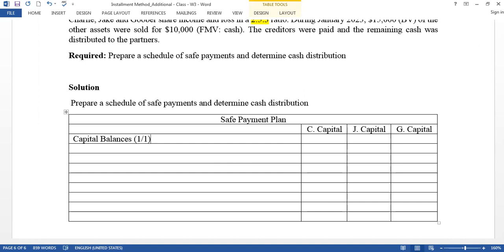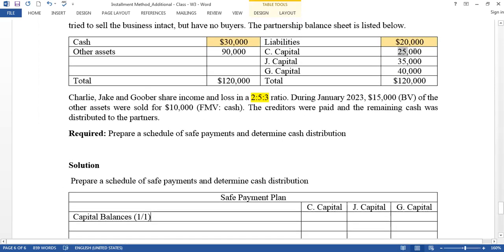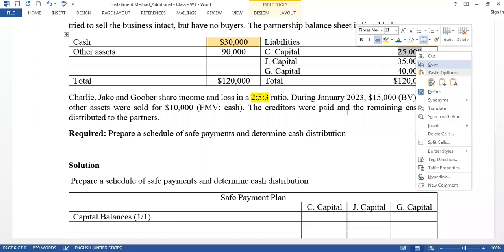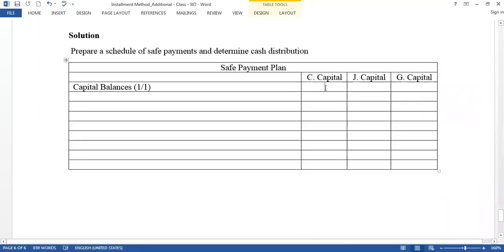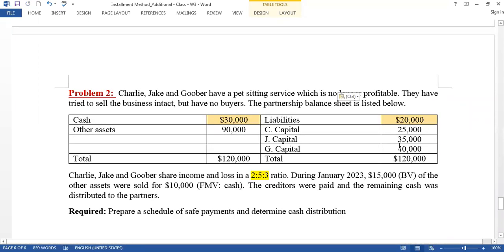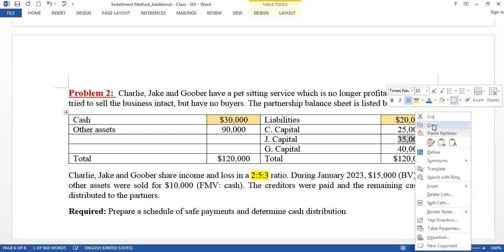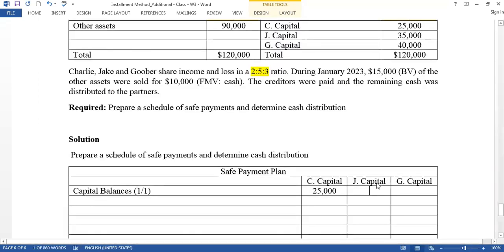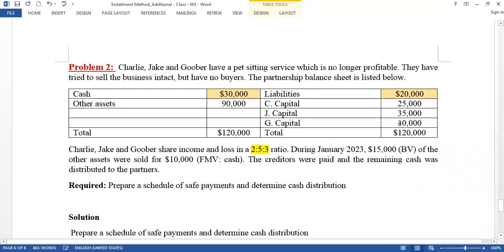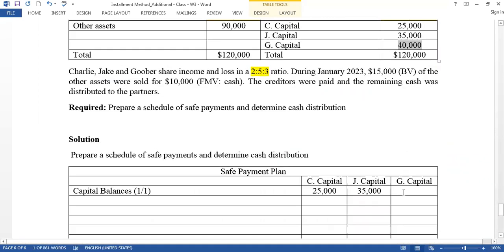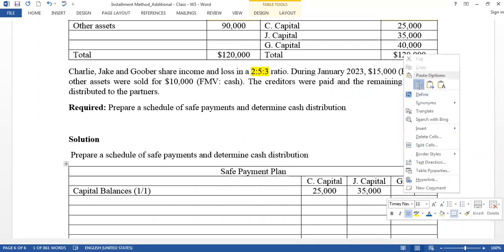This is the capital balances given: $25,000, then $35,000, and $40,000. Capital balances are given.